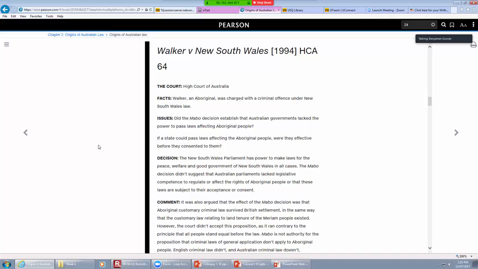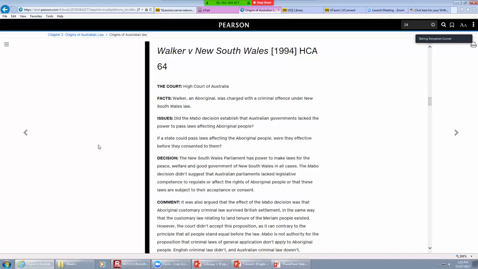200 years of English law in Australia cannot be erased by saying Australia was not a terra nullius. So, regardless of what we say, the fact is that we adopted the English legal system, and it was the beginning for the evolution of our system in Australia. Okay.